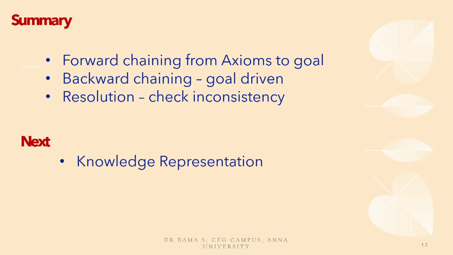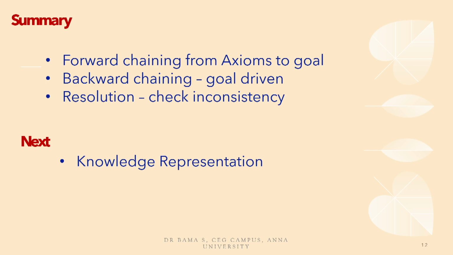Coming to the summary of this session, this is the entire flow of the reasoning with logic in unit 3. An example for forward chaining is given, and mostly here we have used only modus ponens, where we are going from the axioms to the goal.